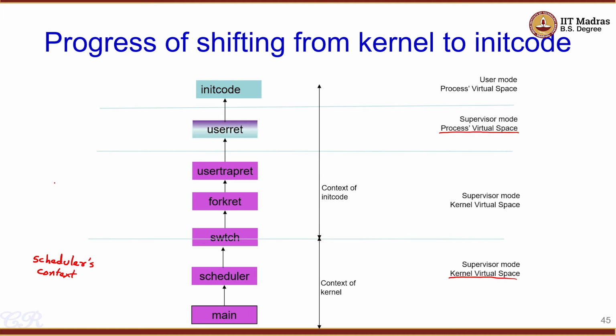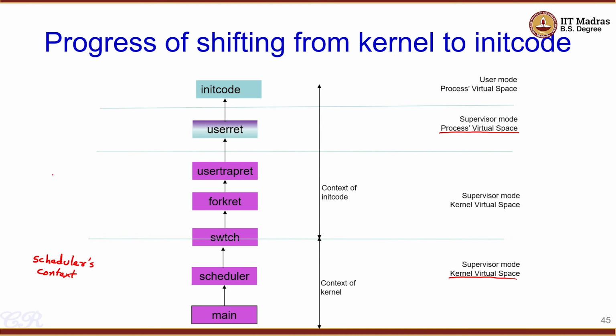Recollect that the init code has not yet started executing, so most of its context is going to be 0. But it's very important for us to switch to this context so that later on it would permit scheduling of other processes as well.